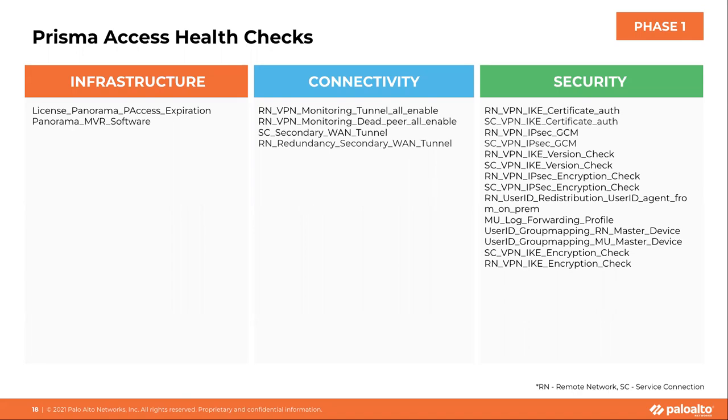And to date, we have a total of 59 health checks that are supported by BPA for Prisma Access. So anytime you generate a Prisma Access BPA report now, you will see an option where you can see the health checks. And I'll go through the feature overview, how and where you can locate those health checks, right? Next slide, please.